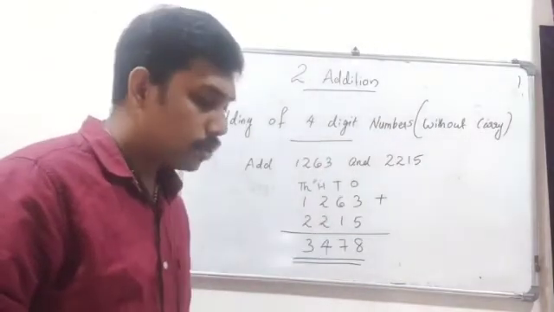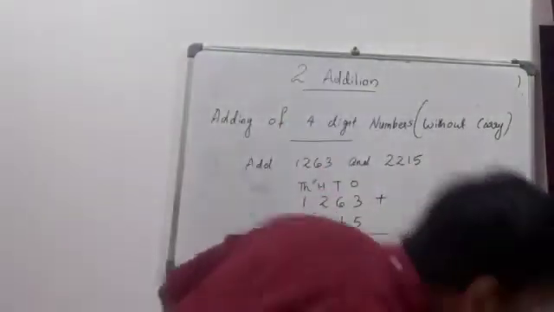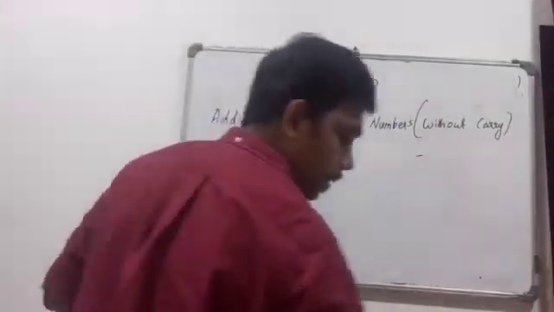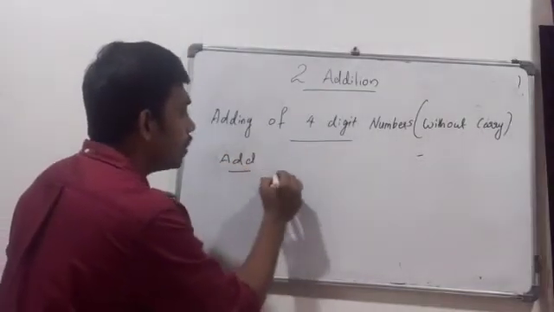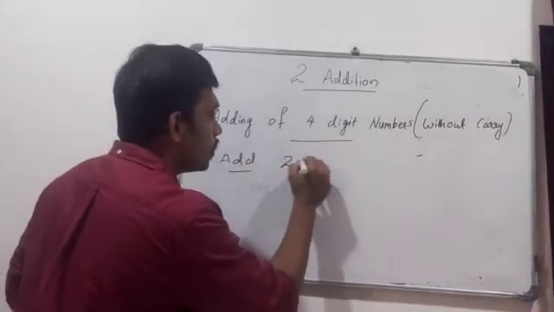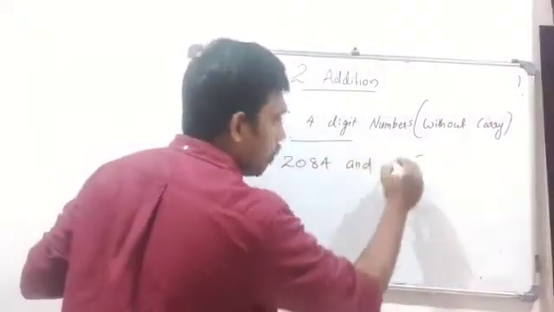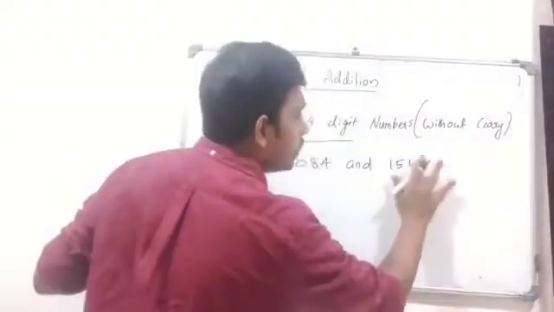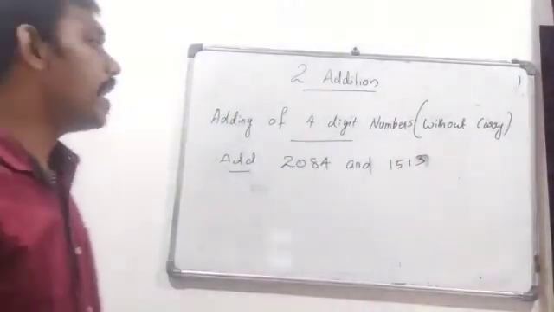Now let's do another example. Add 2084 and 1513. We have to add the two given numbers.